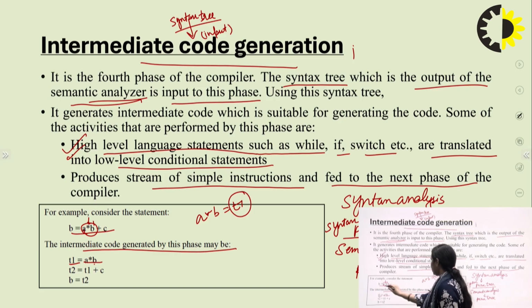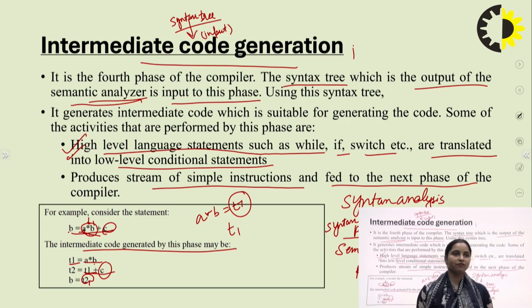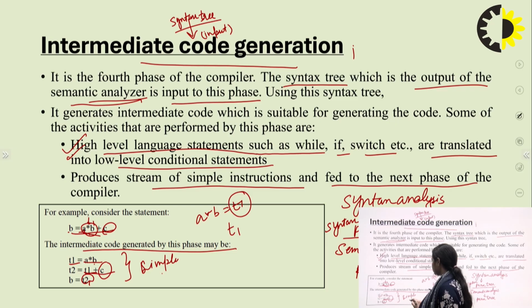In place of A into B, we place T1, and this register T1 is then added to the other operand. So this becomes a simpler way of representing the instructions, and the result goes into T2. So in intermediate code generation, we are generating simple instructions, and you can see here that these are the simple instructions.